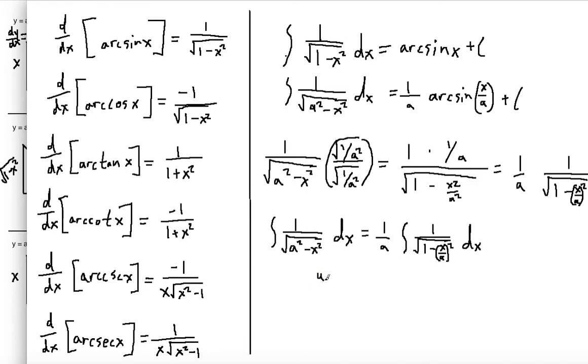You would need to use u substitution here right now, and I would choose to make u equal to x over a. So my du is going to be equal to 1 over a dx. I've got that here. So when I write this in terms of u's, I've got 1 over the square root of 1 minus u squared du. This looks like my original form. Remember, the whole point of u substitution is to get it to look like this most basic form with the x's.